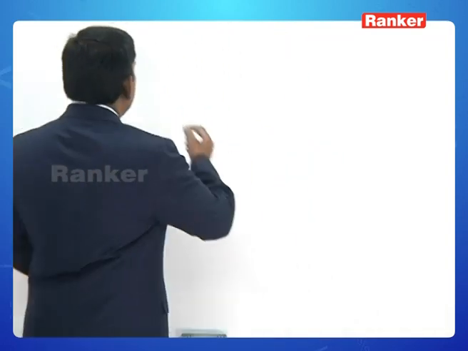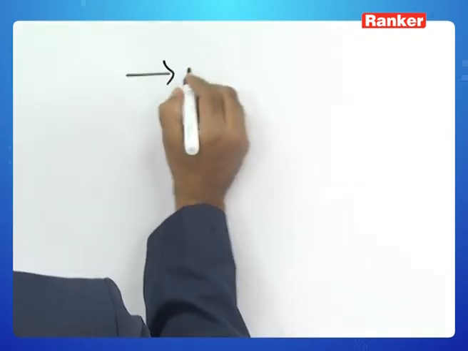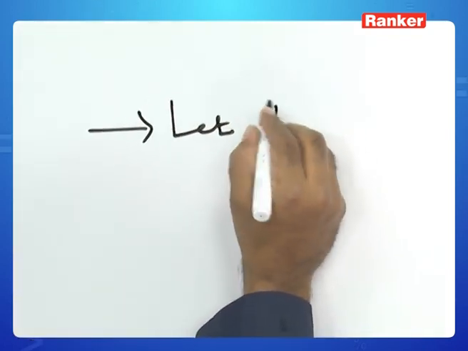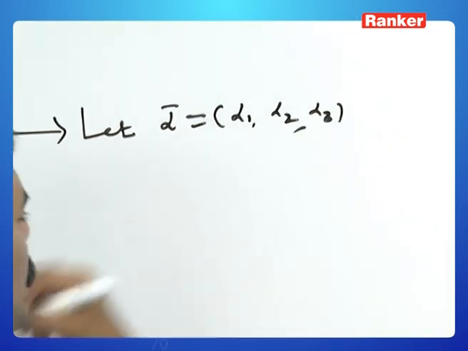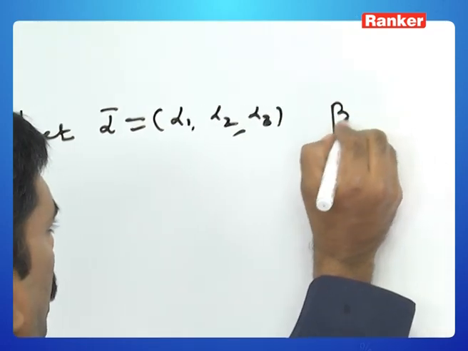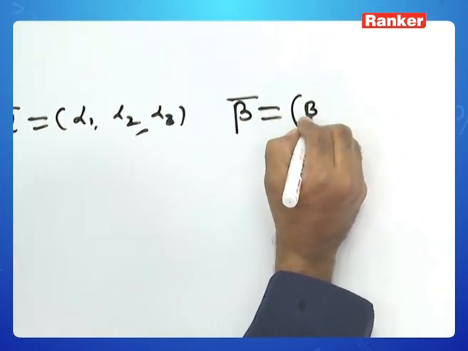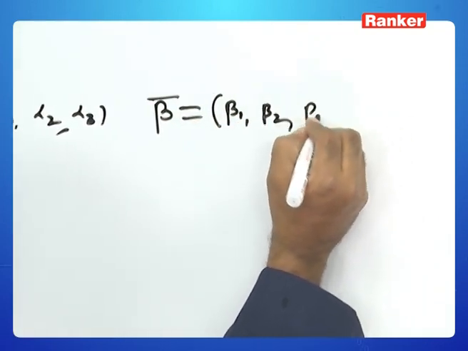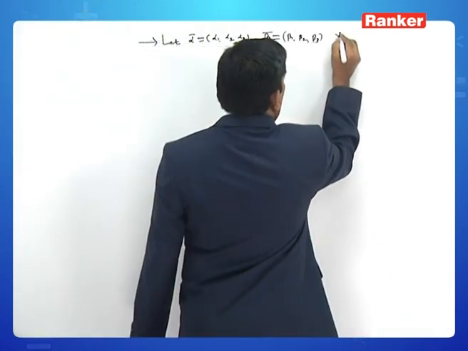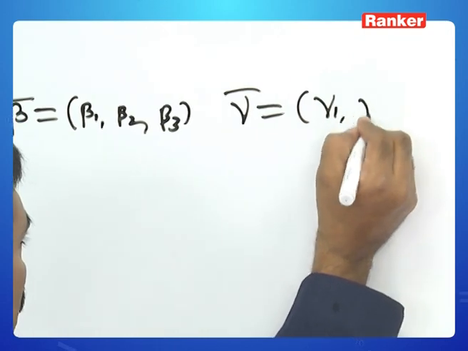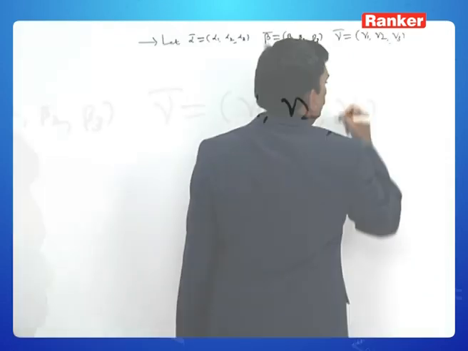One more example in analyzing the box of ABC. I take alpha bar is equal to alpha 1, alpha 2, alpha 3, beta bar is equal to beta 1, beta 2, beta 3, and gamma bar is equal to gamma 1, gamma 2, gamma 3.